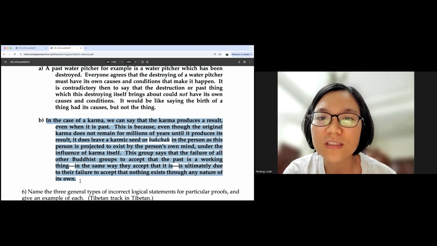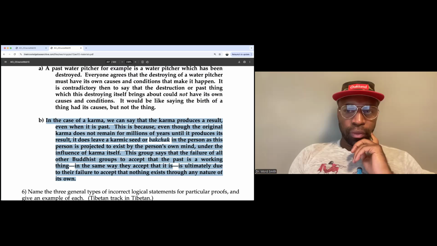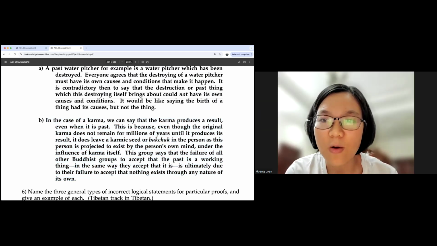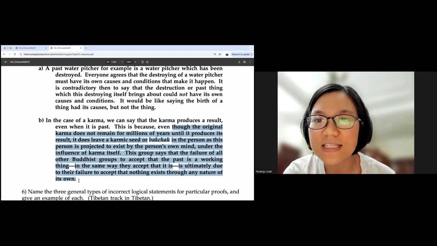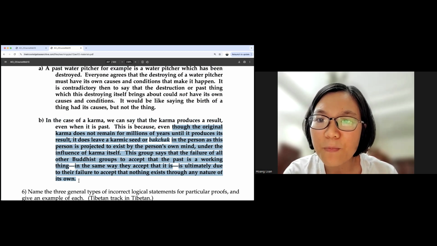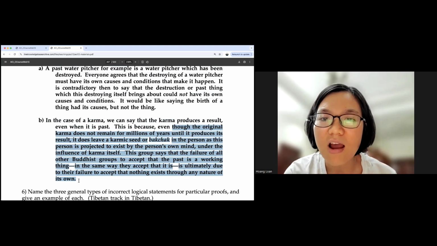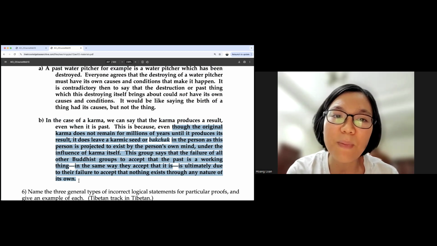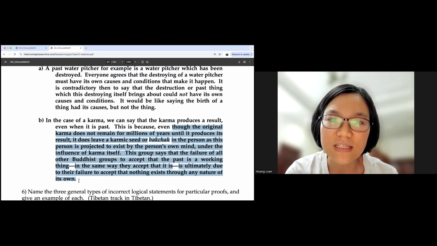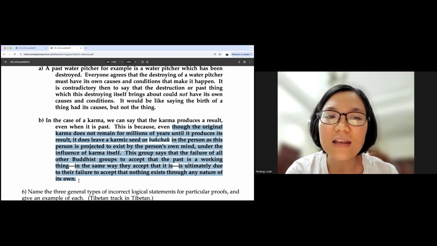This is because even though the original karma does not remain for millions of years until it produces its result, it leaves a karmic seed or back check in the person, as this person is projected to exist by the person's own mind under the influence of karma itself.